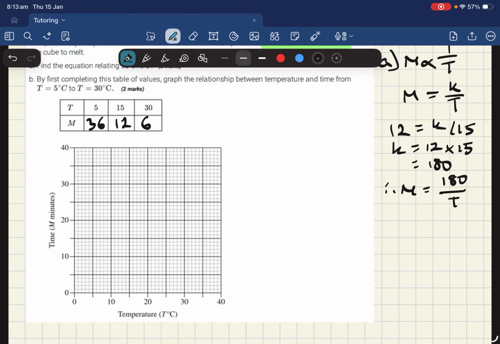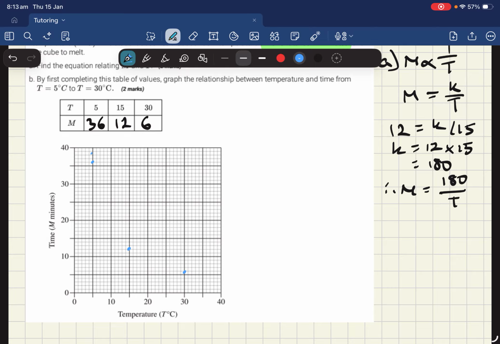So t is on our x-axis here. When t is 5, we have 36, so that's going to be up here. When t is 15, it's 12, so it's going to be here. And when t is 30, it's going to be 6.